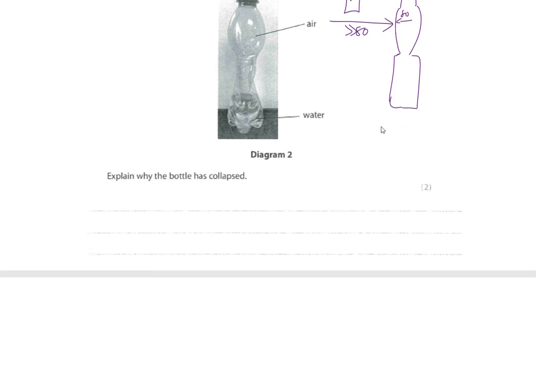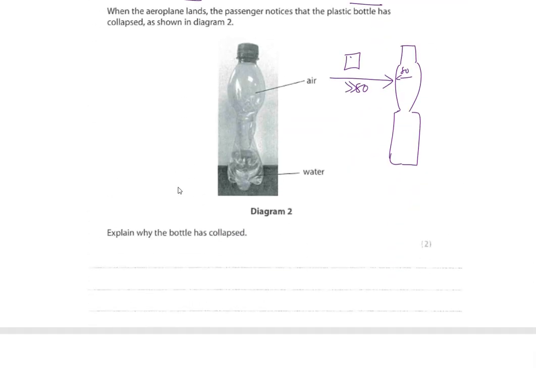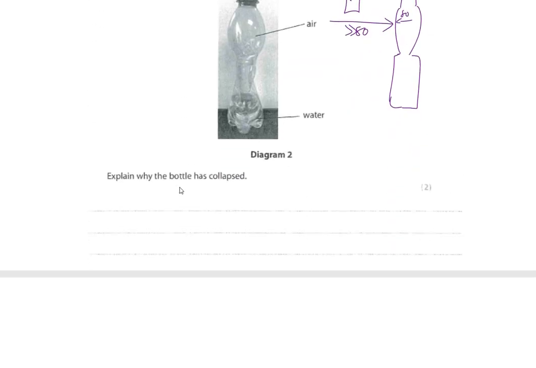That's 2 marks. What can we say for 2 marks? Okay, so we can say the pressure in the aeroplane increases.